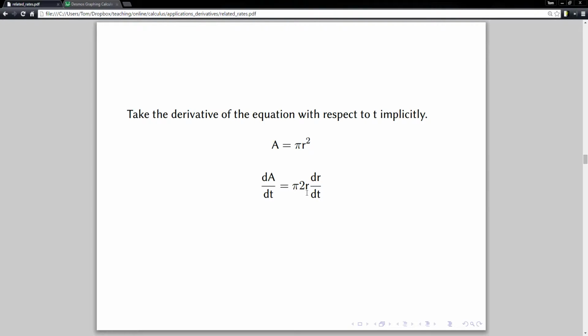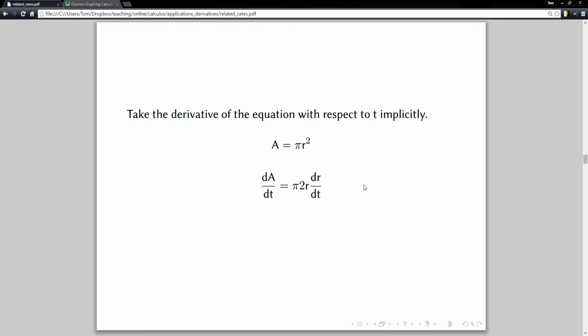Well, I don't know what the derivative of the inside part is, because I don't know what the formula is. So all I need to do is just put dr/dt there. Whatever r happens to be equal to, take its derivative with respect to time there. Okay, so that is the implicit derivative, right, of that equation with respect to the variable t for time.